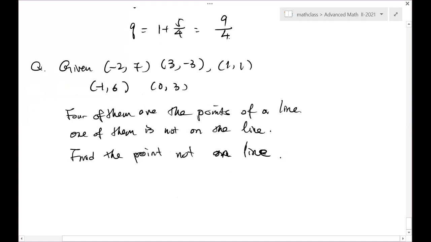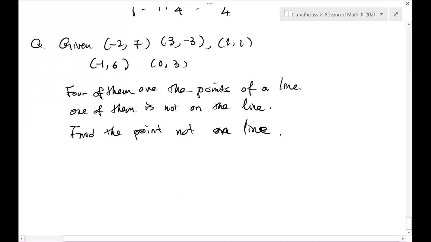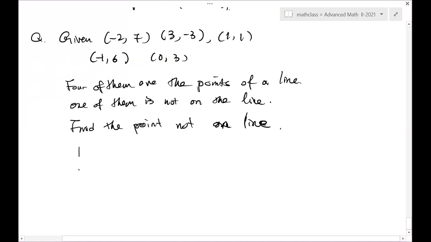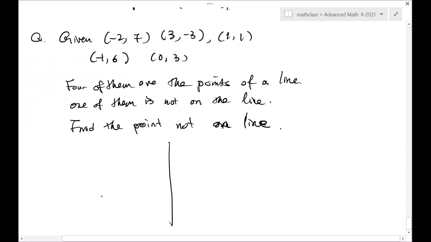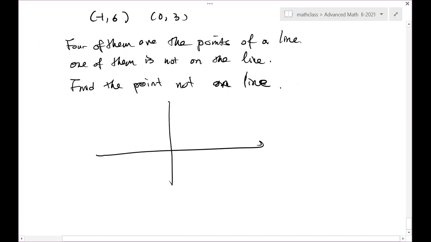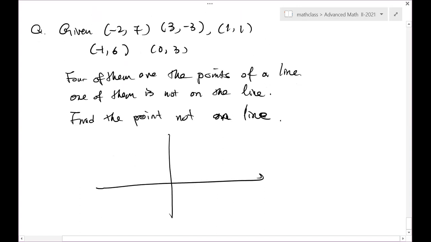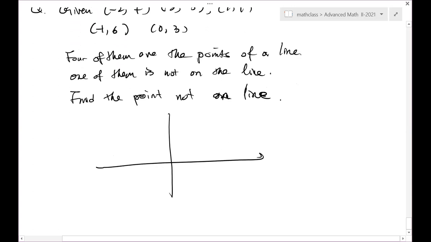You can plot them, but sometimes it's not easy to plot all of them, and sometimes the sketch cannot help you too much. So let's try to solve it without the sketch in the graph.